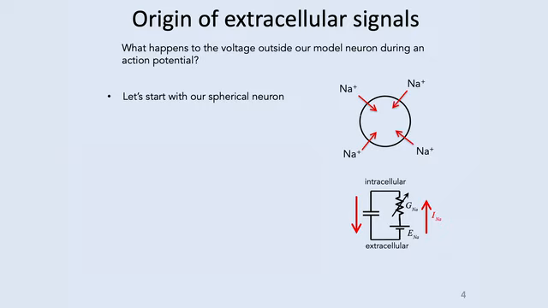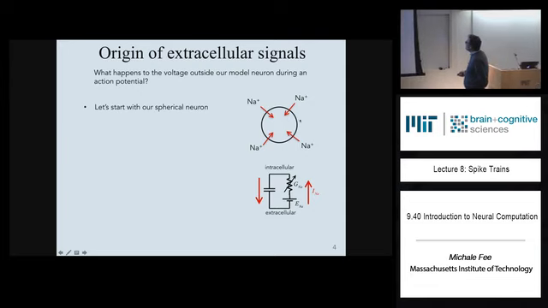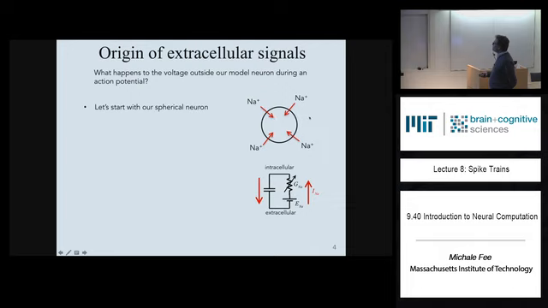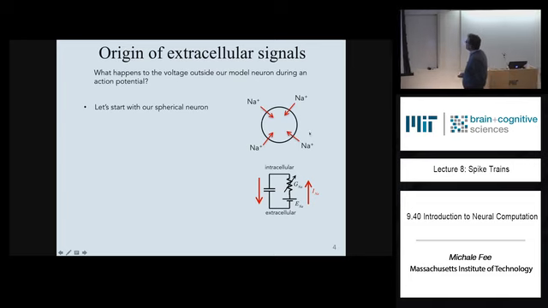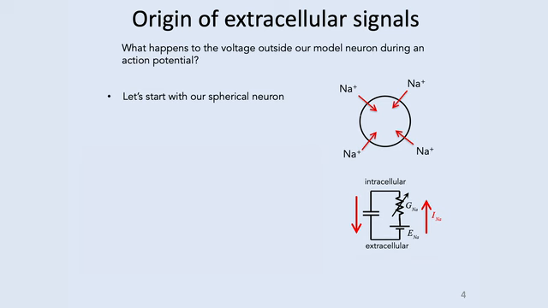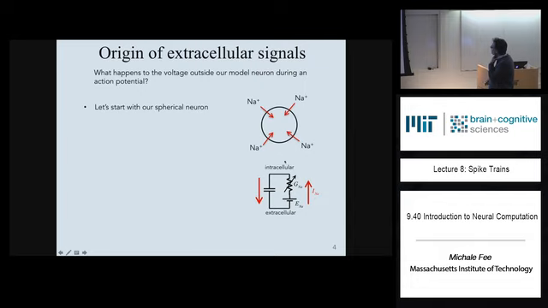So during an action potential, we have an influx of sodium followed by an outflux of potassium. And that influx of sodium produces a large positive going change in the voltage inside the cell. So you can see that during the rising phase of the action potential, we have sodium flowing in, but at the same time, we have current flowing outward through the membrane in the form of capacitive current.